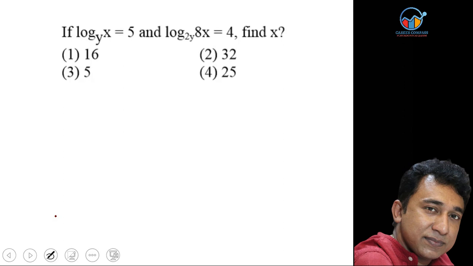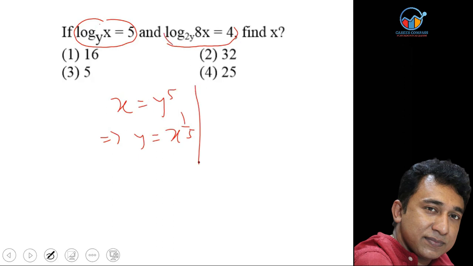First of all, from the first relation that we have, we can always conclude x is y to the power 5, or we can also write y as x to the power 1 by 5, right? Now, from the second relation, you can conclude that 8x will be equal to 2y whole to the power 4, which is basically 16 into y to the power 4.